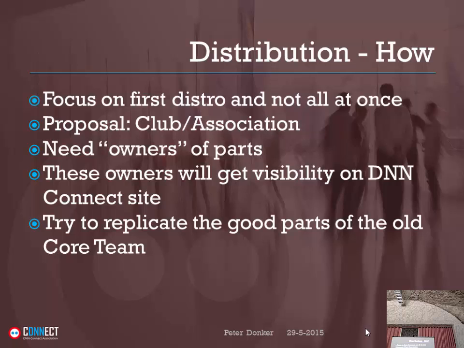Once that first one is made, I'm pretty sure that experience can be carried through to a second and a third, in a more rapid fashion as we tackle other markets. But really the challenge is getting the first one done. So the proposal is to do the club association one, because a number of us have had experience with that already, so we have some ideas on what we would like to roll in there.